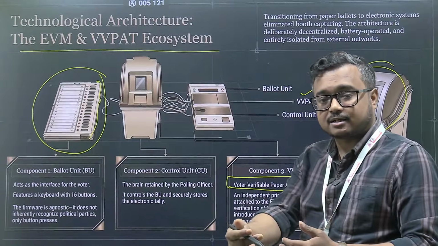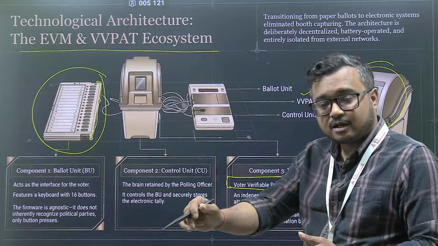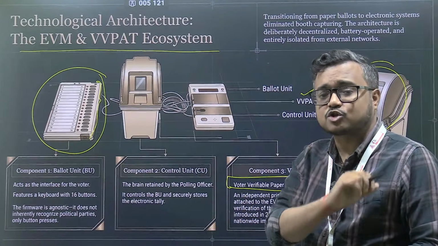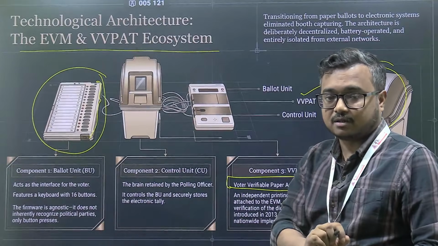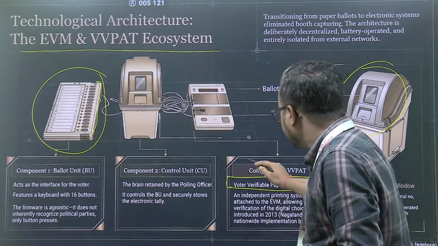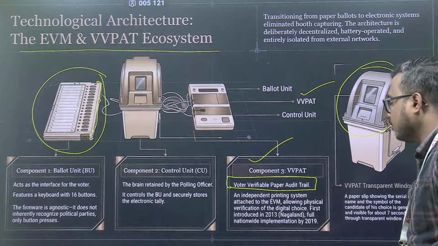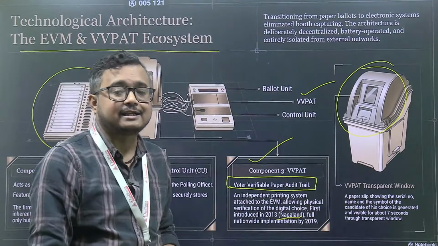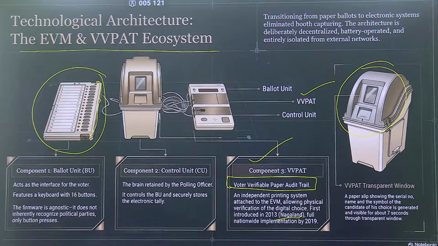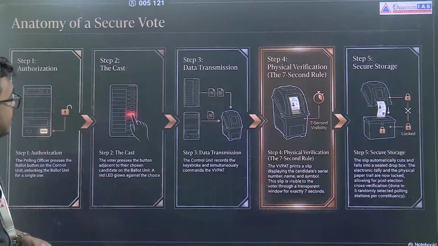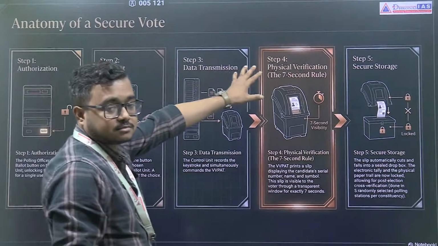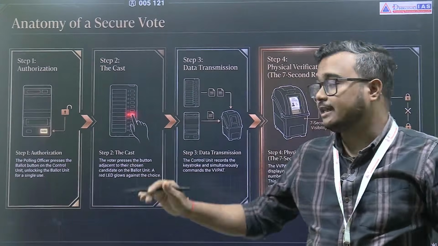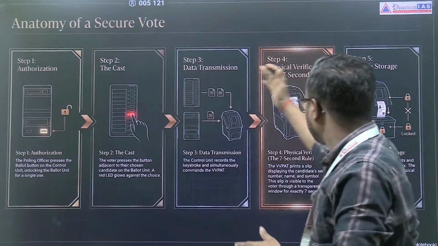You can check that whatever button you pressed, the paper trail is also showing that particular symbol. This is the voter verifiable paper audit trail. It was first initiated in Nagaland, and now it is being used in the entire country. This is how we can secure a vote entirely from start to end.